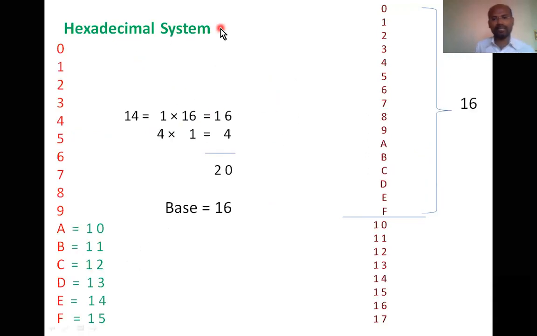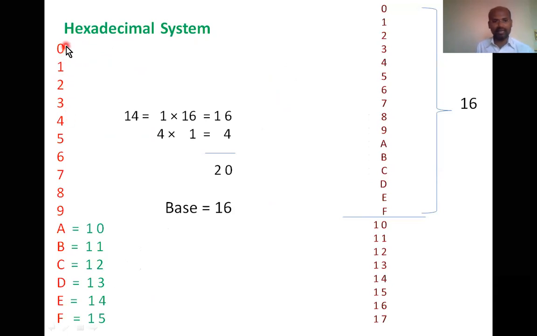It is the hexadecimal system. Do you see this hexadecimal system? Hexa means 6, decimal means 10. In the hexadecimal system, we have 16 different symbols which can be used in the counting process.